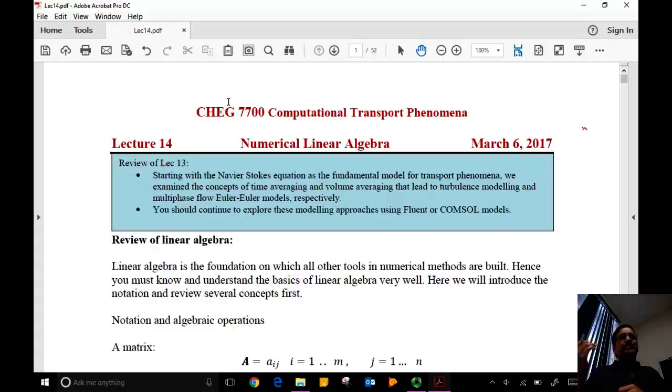So one of the first packages that came out was called LinPack. And LinPack is still available today for you to download. It's a linear algebra package. So it solves all kinds of linear algebra problems, from Gaussian elimination, eigenvalue problems, etc. So today's lecture is going to be a kind of a quick overview of what goes into that, what kind of ideas, what kind of algorithms go into that.